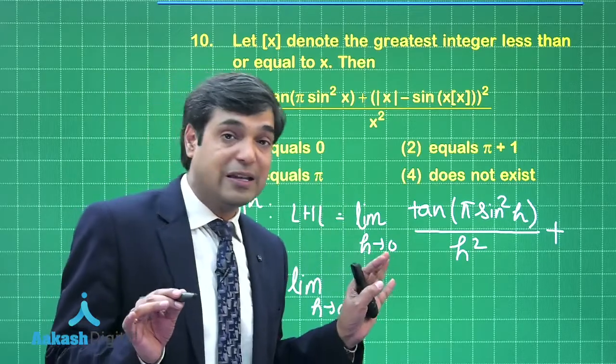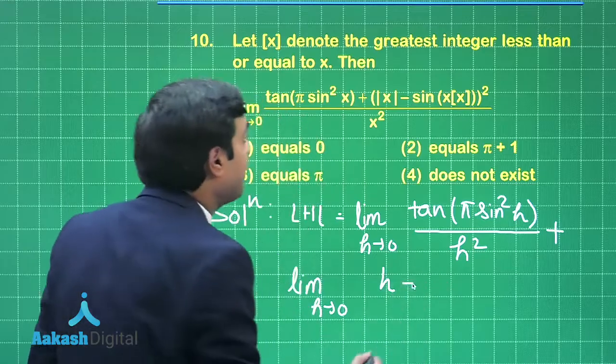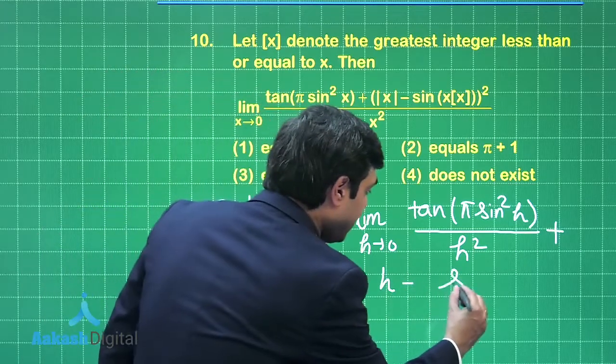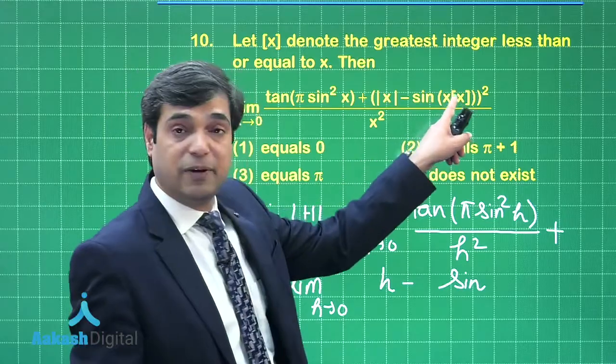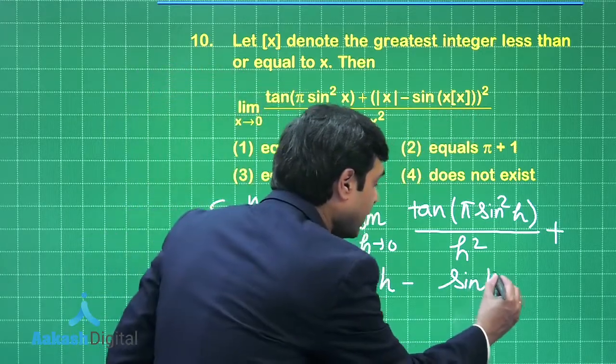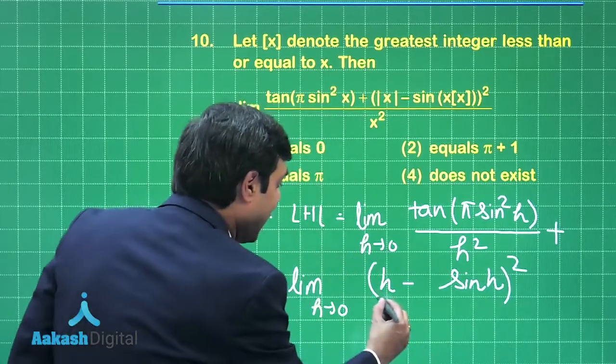Here we are going to put 0 minus h. So, this gives us h minus sine, this becomes minus h into minus 1, that is simply (h) whole square divided by h square.